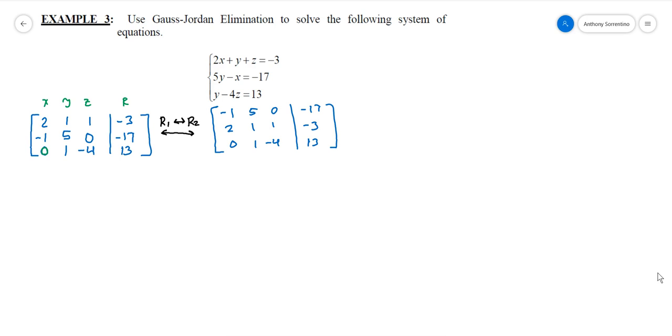I almost have my 1 in that position. If I just simply take row 1 now, the new row 1, and multiply it by -1, then I'm going to have 1, -5, 0, +17. And of course, the rest of this is unchanged because I didn't change anything in the other rows.